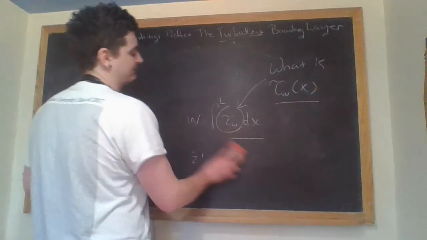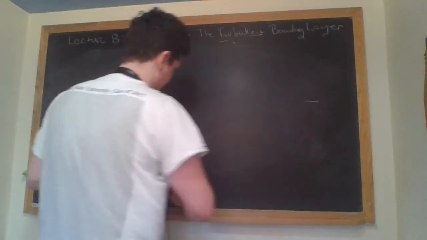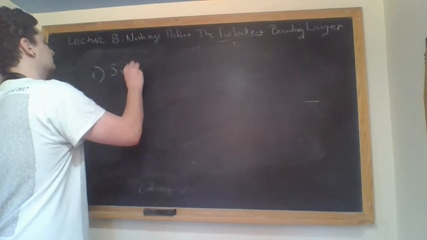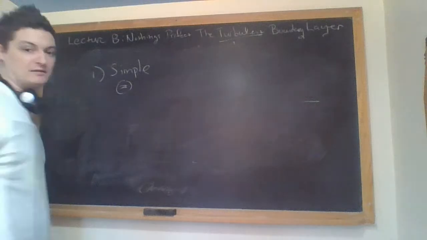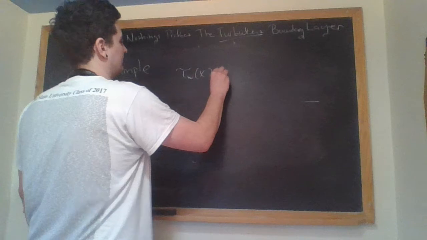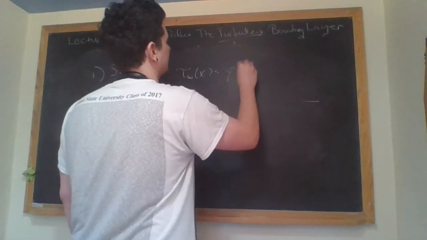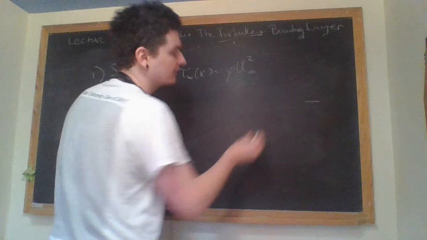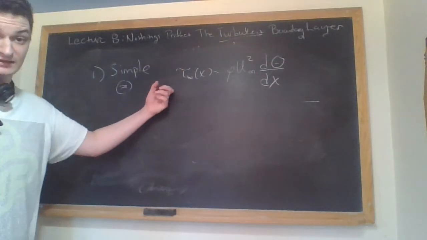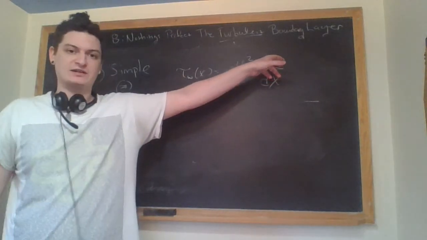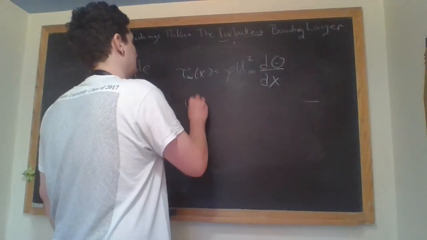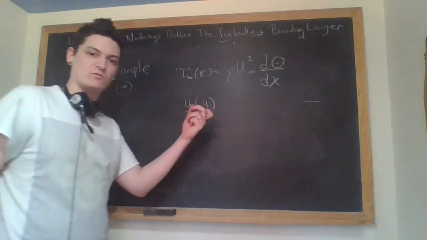But what methods do we have to figure out what tau W is? Well, there's the simple way, which involves that momentum thickness. So the simple way is actually doing this approximation right here. Why was this simple? I went over this last lecture, but this is simple because I have a definition for what the momentum thickness is, and I can just plug into it some u of y.